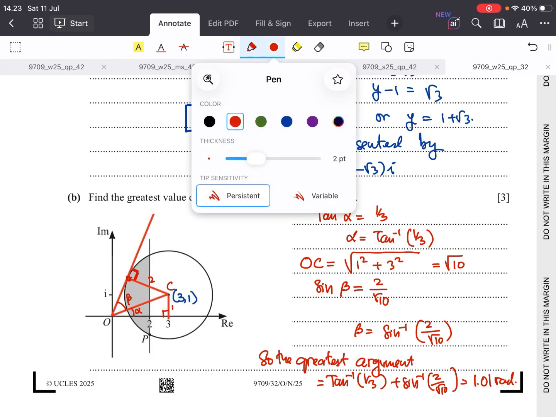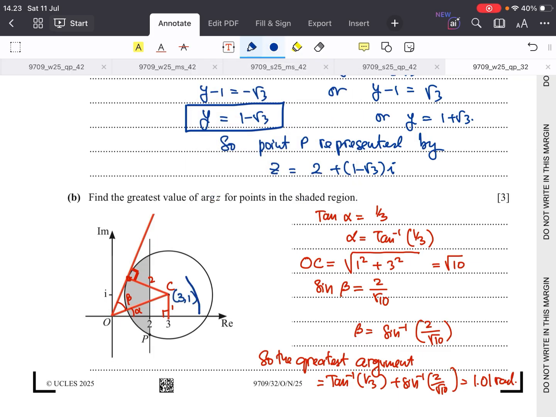So the wanted angle is this one. This line has the greatest angle from the positive x-axis. So we are going to find this angle.